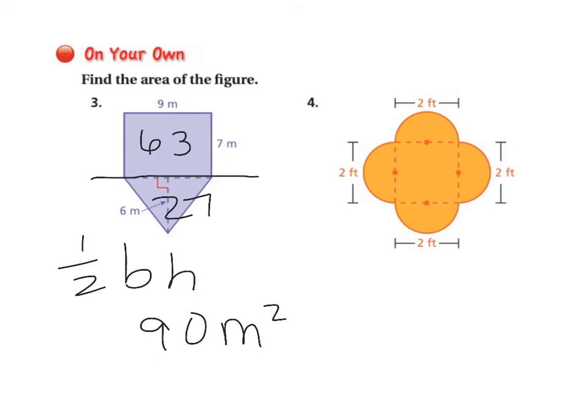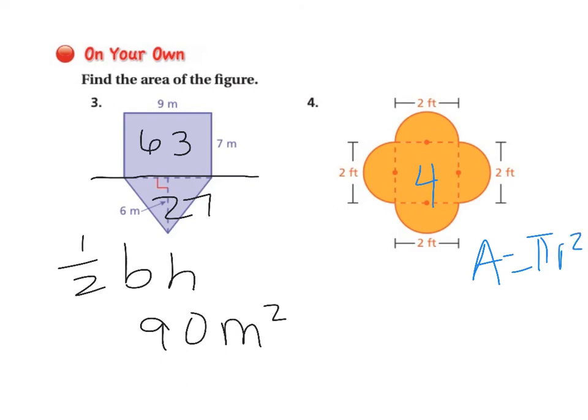Now let's look at our little clover leaf over here. There's a square in the center, which it's a square, so we know it's 2 by 2, so that's 4 square feet. And then we have 4 little semicircles. So we can really figure these out as 2 circles because we can see that they're identical. So the area of a circle is area equals pi r squared.